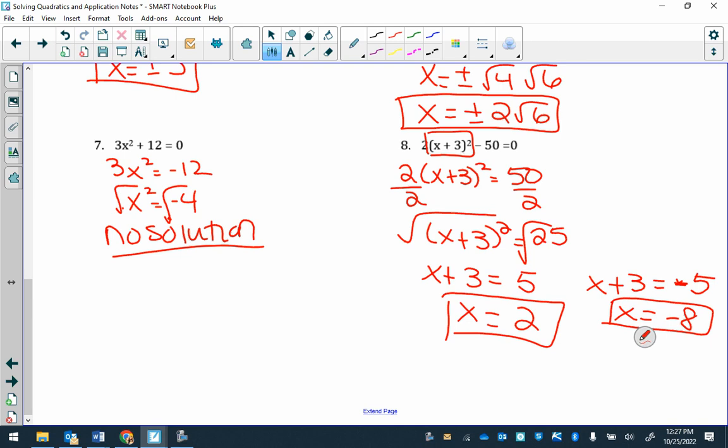So see how there's two solutions here? In most cases I would see plus or minus 2 or plus or minus 8, which is incorrect. So when you take the square root of 25, you have to break it up into two separate equations, because you need to apply those signs. Right, great question. Any other questions right here?